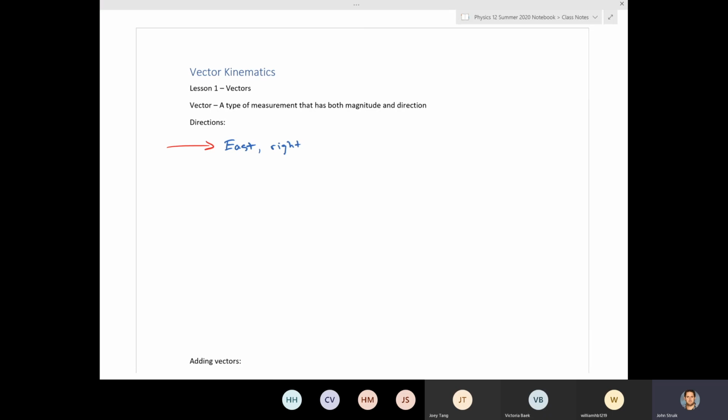And if you orient your paper in front of you, if you draw it like I just drew, that's to the right. Obviously, that's to the left or west. So just keep in mind that we're dealing mainly with north, east, south, west. They're called cardinal directions. So that's what we're going to be using.